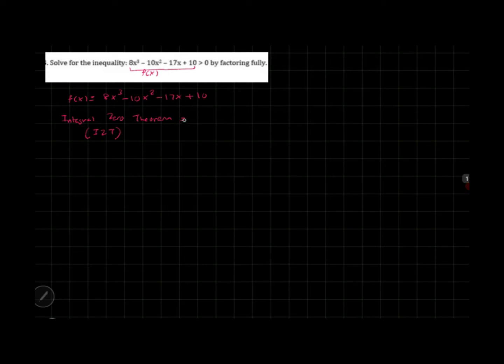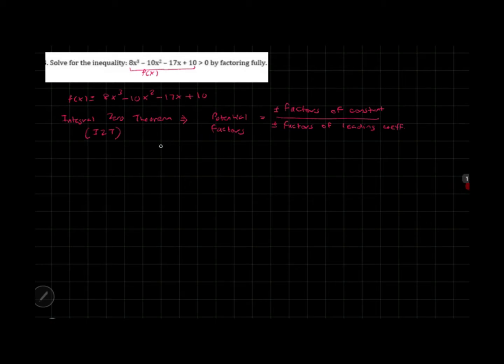our potential factors can be basically plus minus the factors of the constant over plus minus the factors of the leading coefficient. Okay, so constant over the leading coefficient.